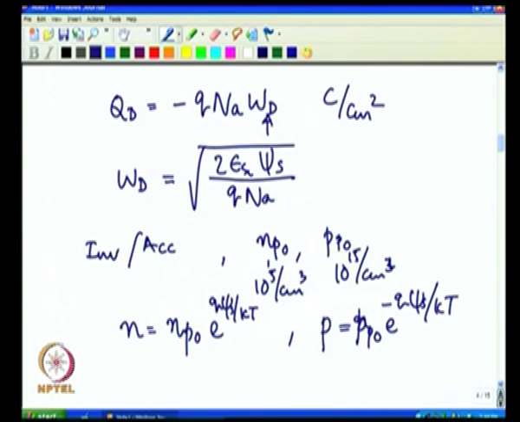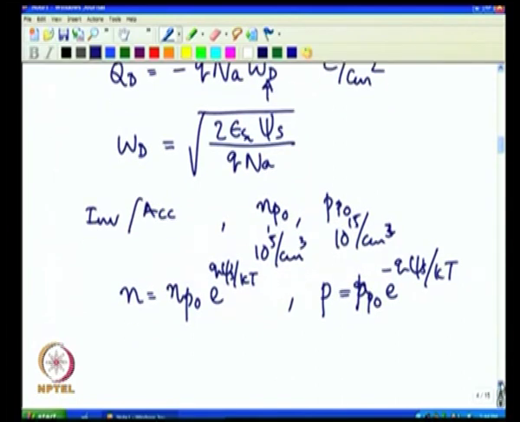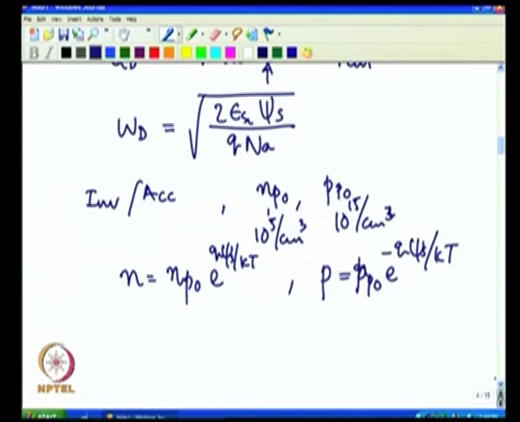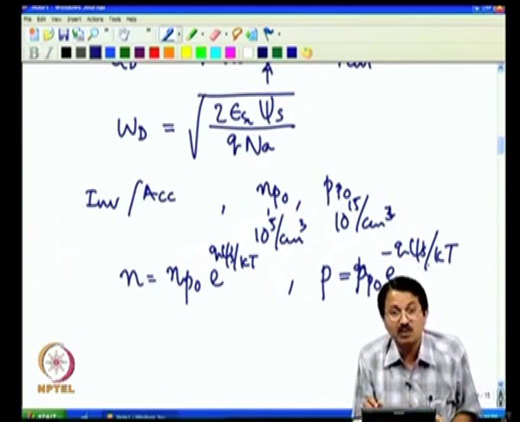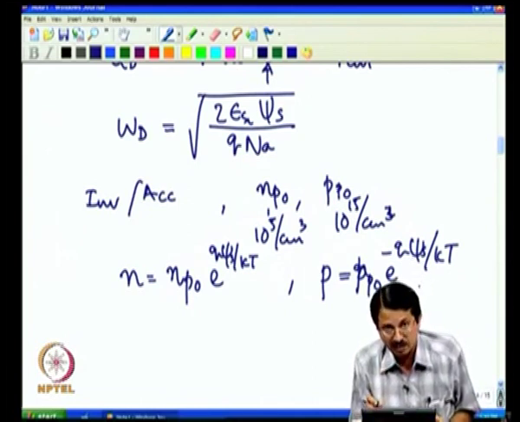Based on our convention, bands bending up means psi s is negative, and when bands bend down psi s is positive. So, when I am in accumulation, this term can be completely ignored, because psi s is negative and this term is going down, whereas here psi s is negative, so p starts increasing. How does p increase with respect to psi s? Exponential function.